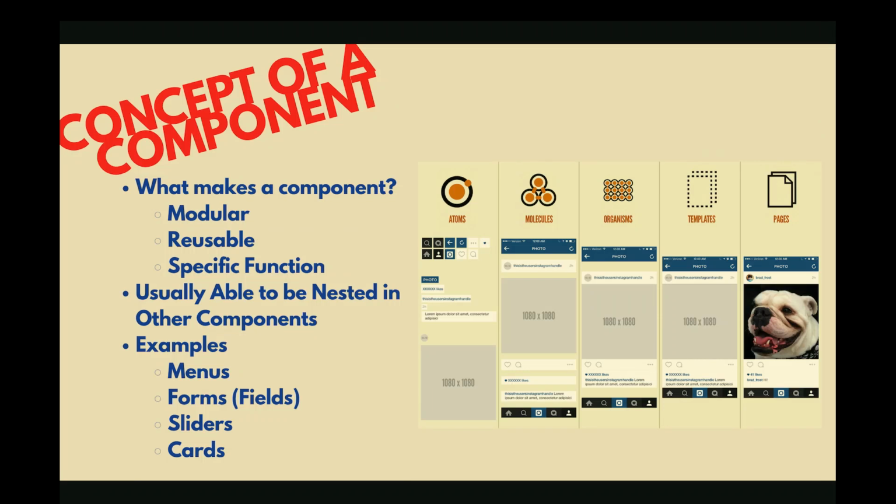Concept of a component, what makes a component? It's something on the front end and the back end that is modular, reusable, has a specific function. It's usually able to be nested inside of other components. That's kind of, in my opinion, a key feature. You see on the right side here, this diagram. If you're familiar with some of the older web technologies, diagrams stemming from atomic design strategies, where you would have these small atomic pieces of design, and they build up into molecules, which were bigger components, and organisms, which were bigger than that.